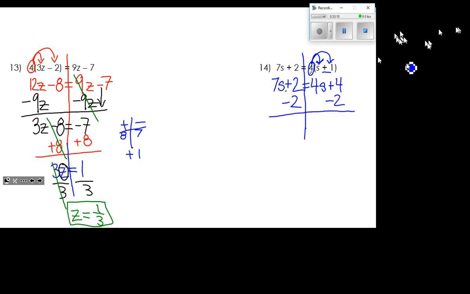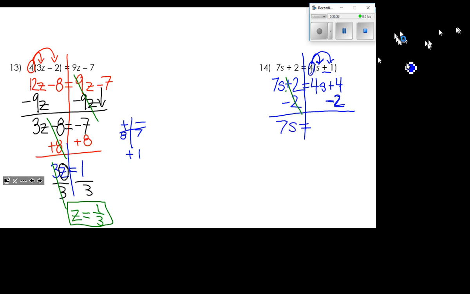And notice also that I put this -2 underneath the 4 and not just anywhere. It needs to go underneath whatever it is that you are going to subtract or add from. I've done something to both sides, so I can cancel. I'm going to bring everything down and solve.